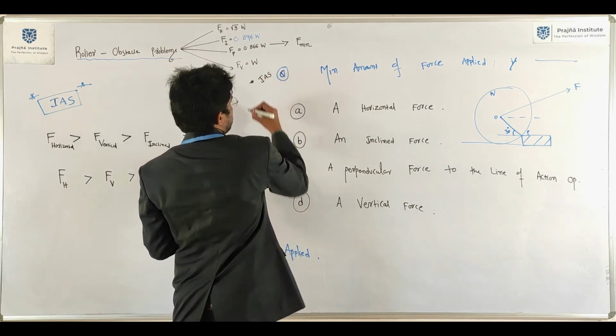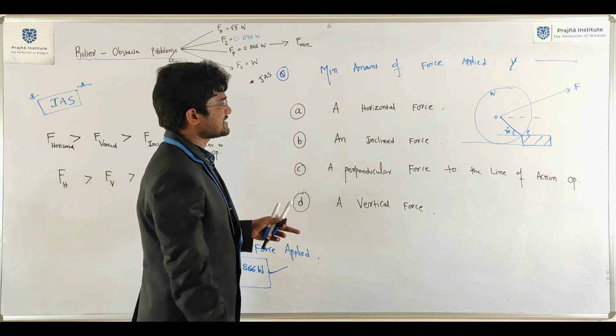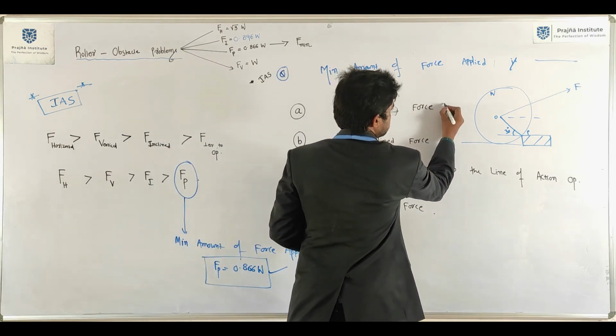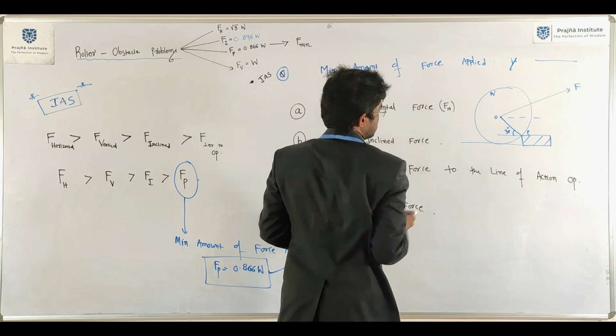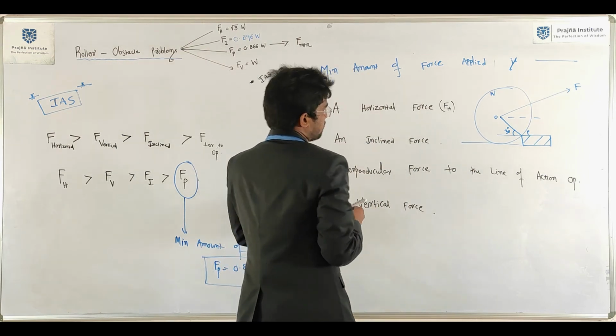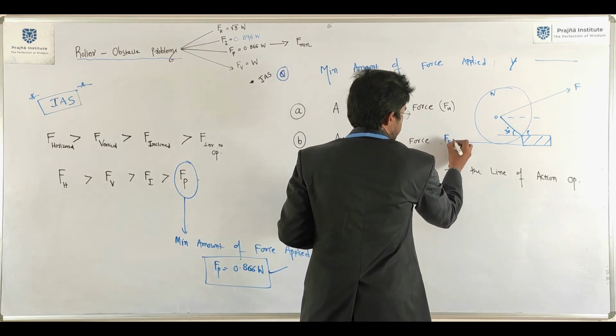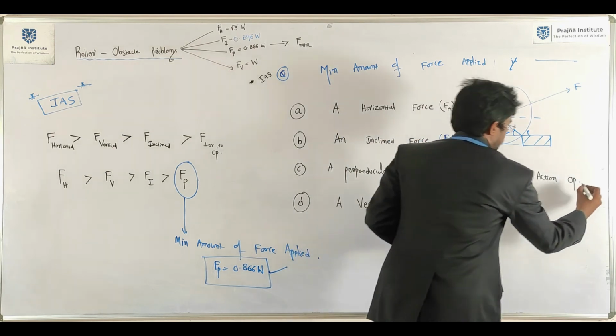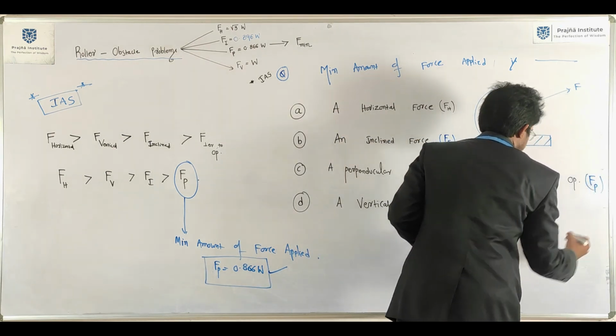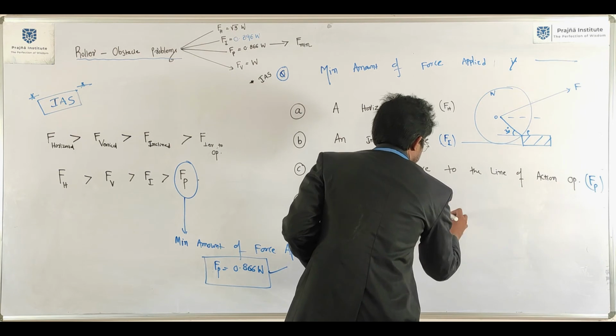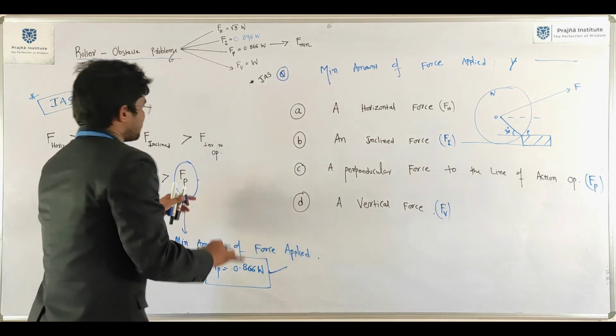Okay. So in the first case it will become FH. It is F inclined. It is FP. It will become FV. So we calculated all the values.